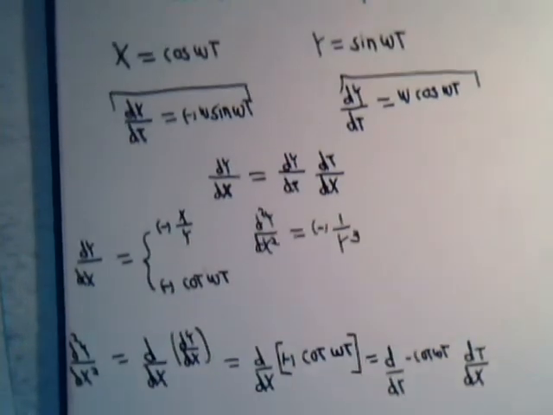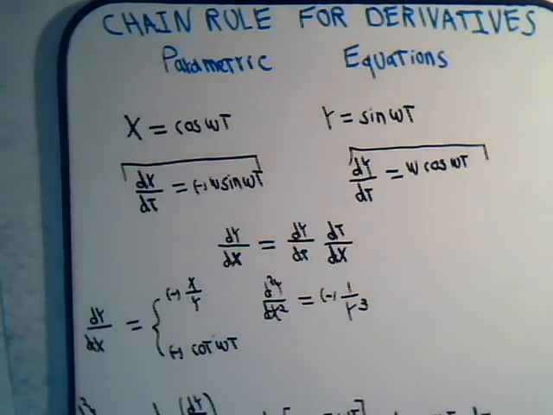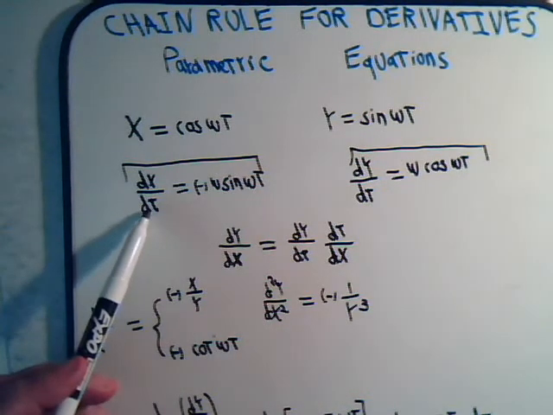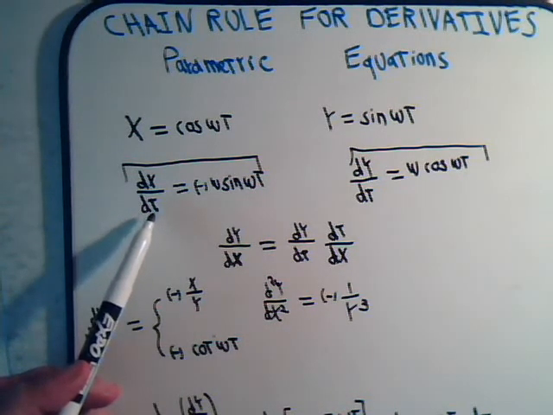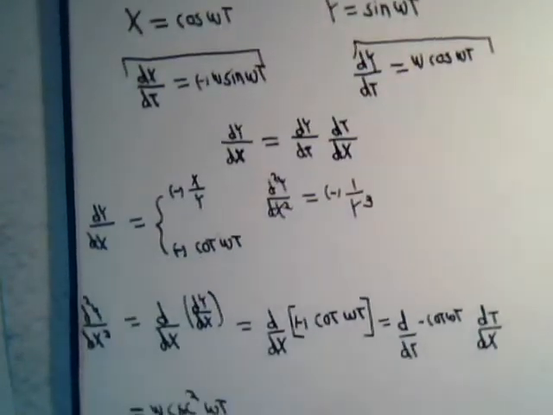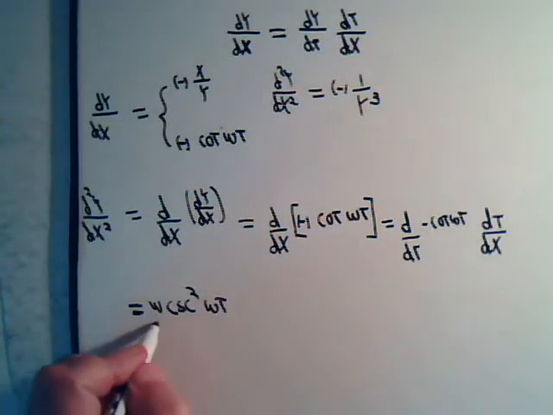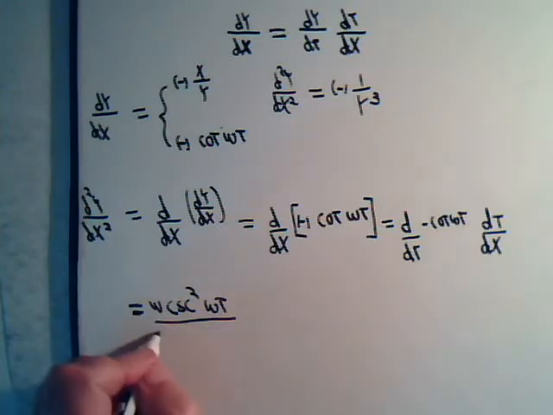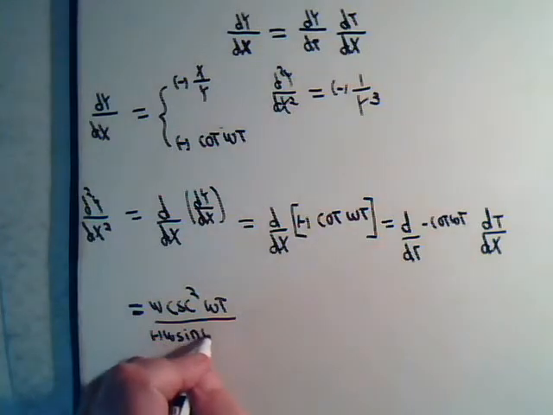Now I have to go back up to here. dx dt is this, so dt dx is going to be 1 over that. So we have minus omega times the sine of omega t.